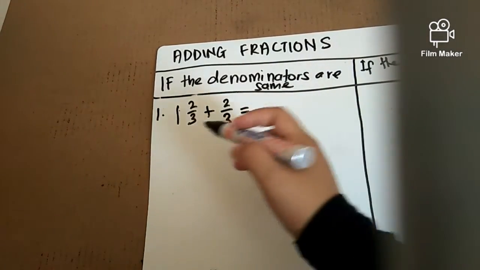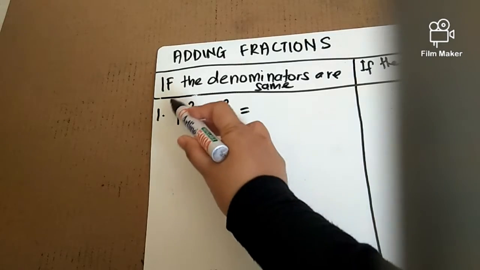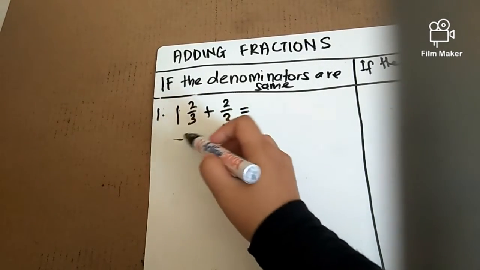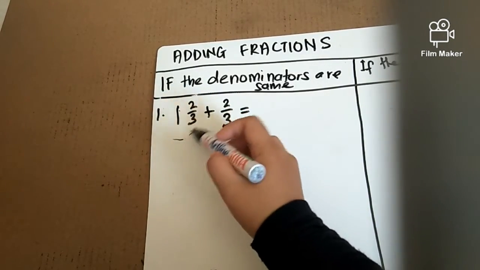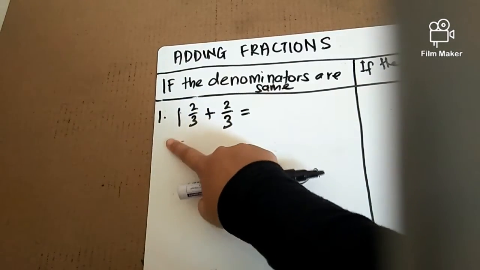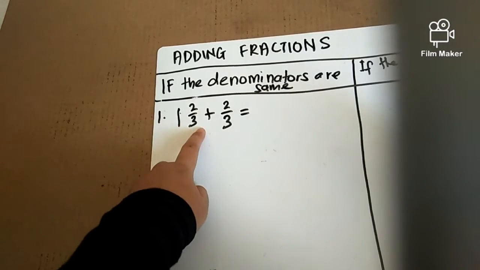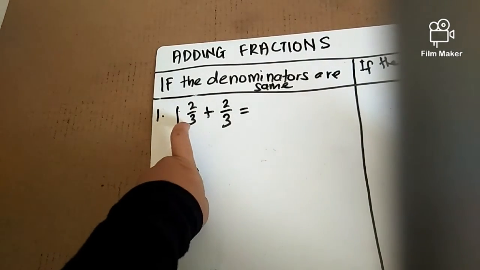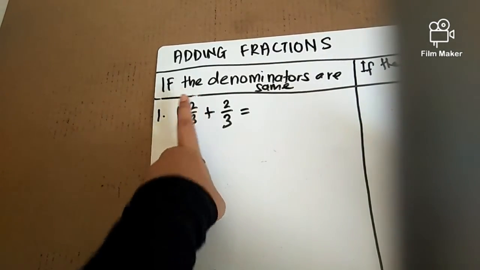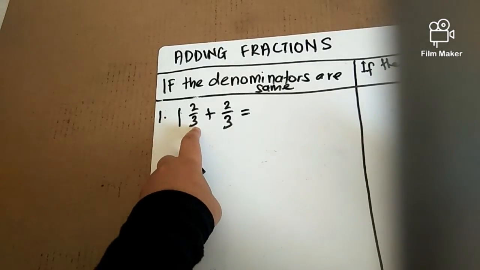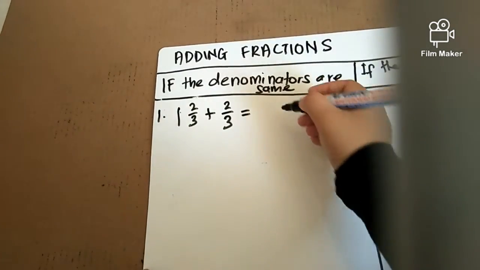For this one, this is a mixed fraction. You have to convert it into an improper fraction. How do you convert it? 1 times 3 plus 2. Darab bawah tambah atas. 1 times 3, 3. 3 plus 2, 5.